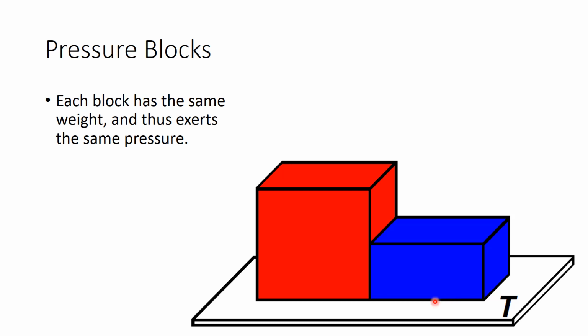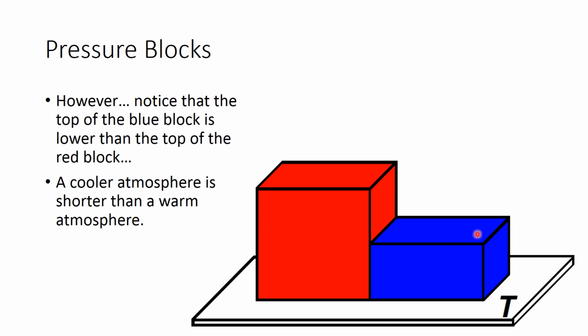But what about if you travel up in elevation? Like, let's say we actually had a second surface here. How would the pressure be different in each of these stacks? Well, we'd still have some red above us, so pressure would be higher over here than it would be over here.